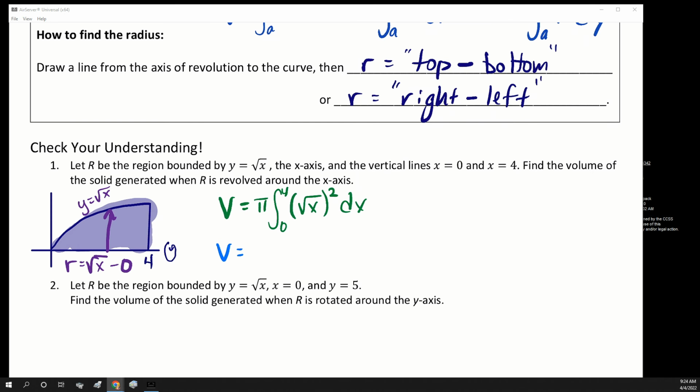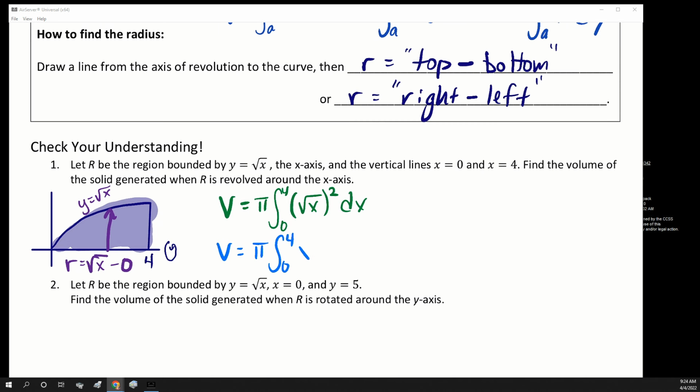All right. So we are going to square the radius and just get x. All right, and then we're ready to integrate. So we have x, so we're going to add 1 to the power and divide by our new power. And then we're going to plug in 0 and 4.